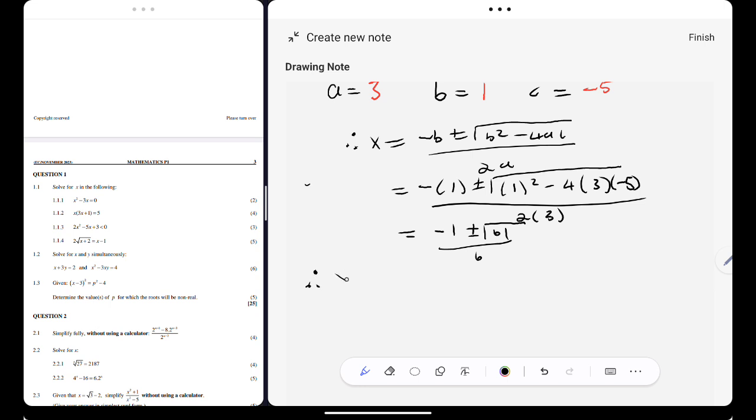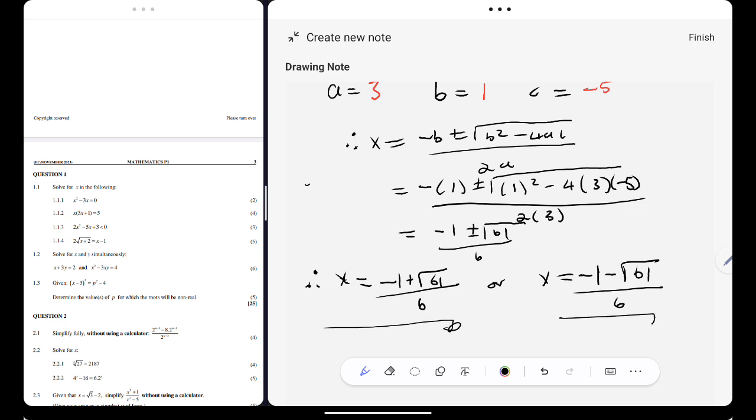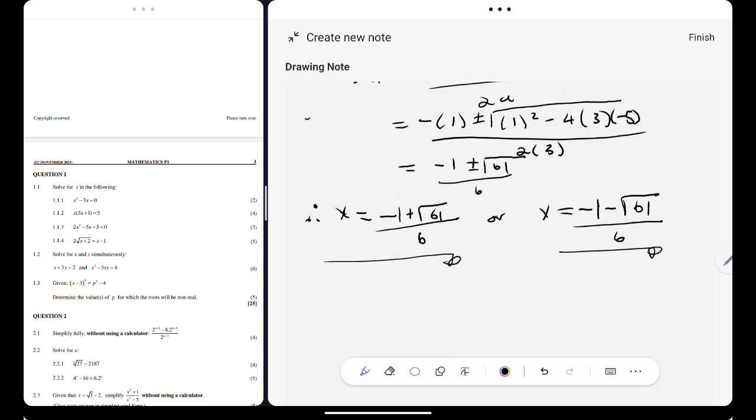But for you guys, please punch your calculators and then round off your answer to 2 decimal places. x is equal to minus 1 plus the square root of 61 over 6, or x is equal to minus 1 minus the square root of 61 all over 6. Please punch your calculator and leave your answer to 2 decimal places.